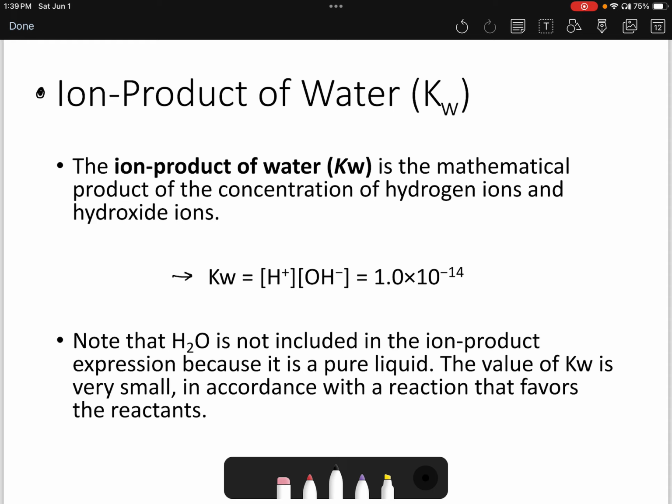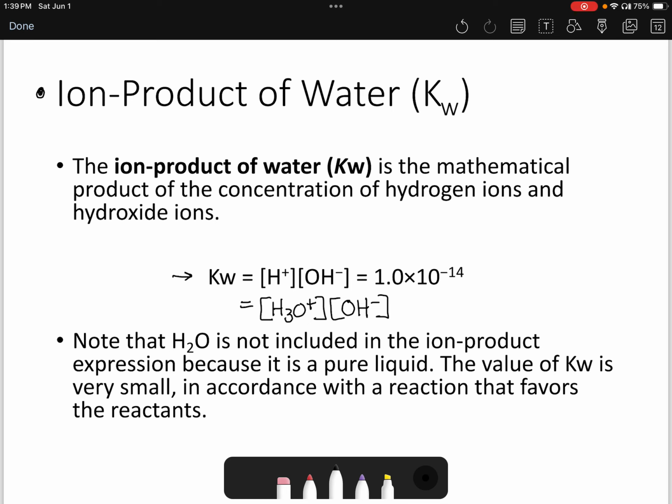So Kw is equal to the concentration of hydrogen ions times the concentration of hydroxide ions. Now, sometimes we write this as the concentration of hydronium ions times the concentration of hydroxide ions. And remember H plus and H3O plus are somewhat equivalent to each other, so we can use them interchangeably.